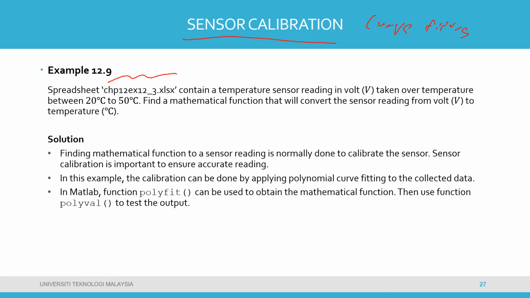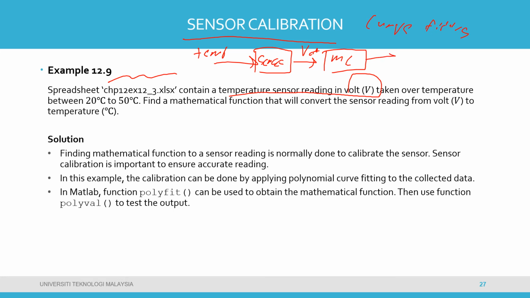Basically the data contain temperature sensor readings in volts. You have a sensor here, and then you have the temperature. You convert the temperature into volts, and the voltage can be read by the microcontroller.